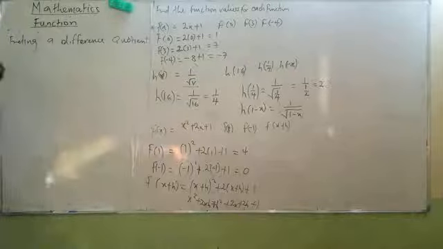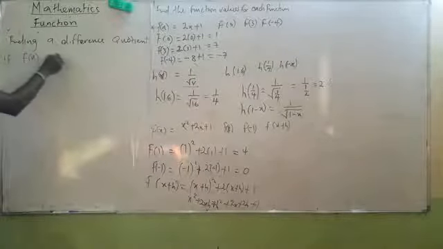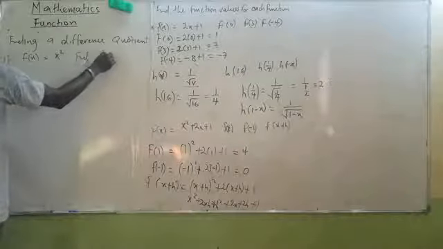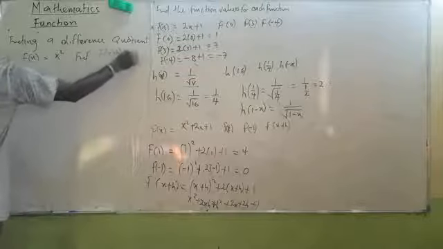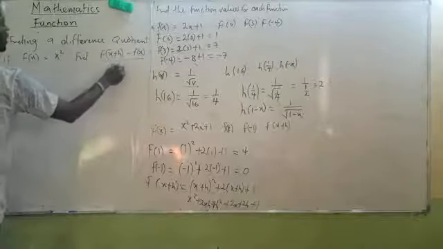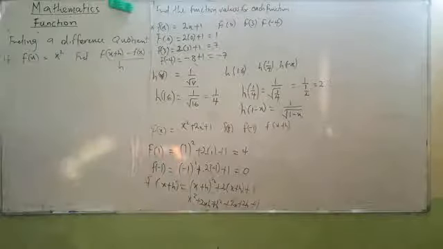Now I have f of x. If f of x equals x squared, find f of x plus h minus f of x, divided by h. It's a very nice question that can be asked anywhere.